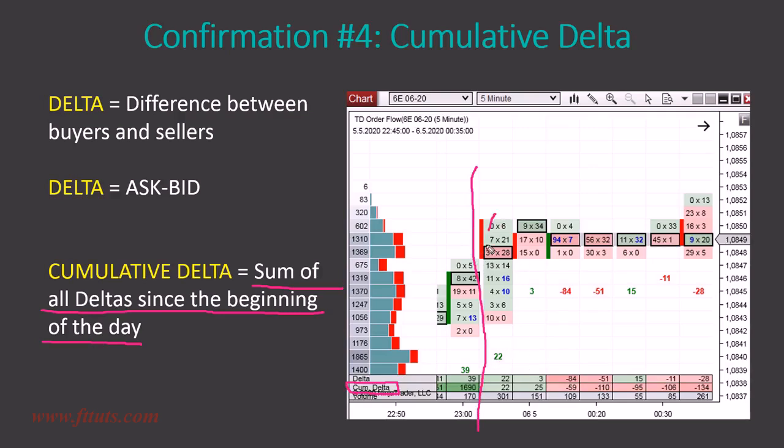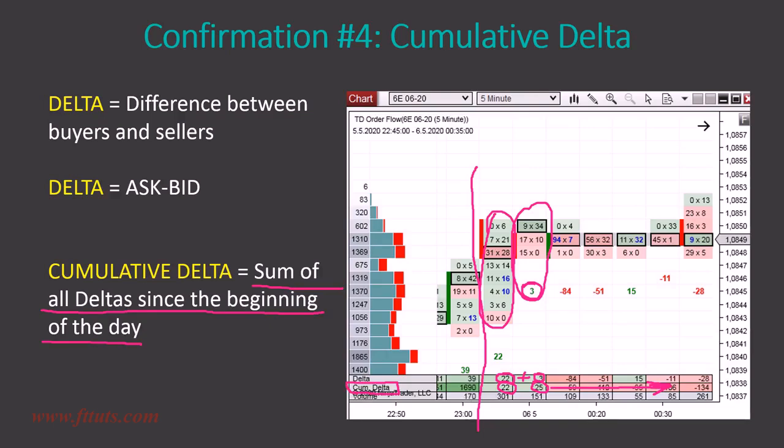So the delta of this footprint is 22, so the cumulative delta is also 22. Now, delta from this footprint is 3, and the cumulative delta is 22 plus 3, which is 25, and so on. It continues like that. Alright, this is how cumulative delta gets calculated.